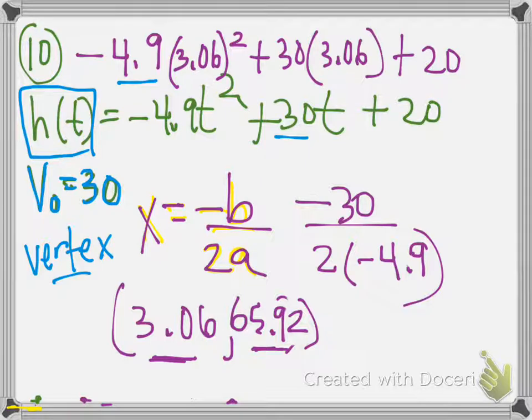And when I get x, I get this answer, 3.06 for x. And then I take that 3.06, and to get my y value, I plug that in for t. So you can see up here where I plugged it in. And you get the y. So how you read this is you say, at 3.06 seconds, I am 65.92 meters high. And that's the maximum height, or that's the vertex. This is the vertex.